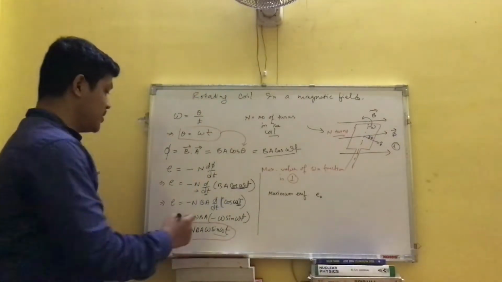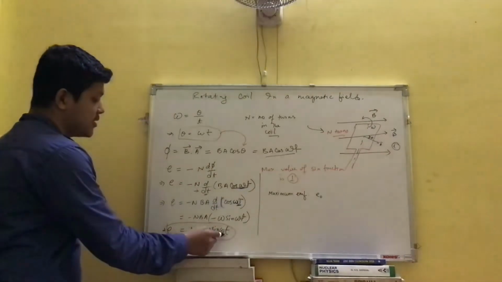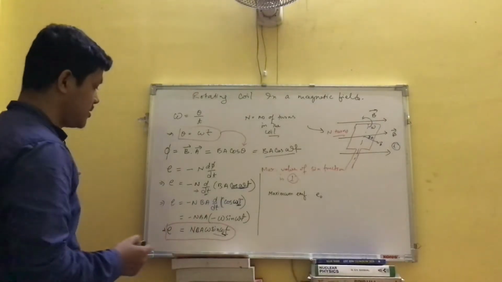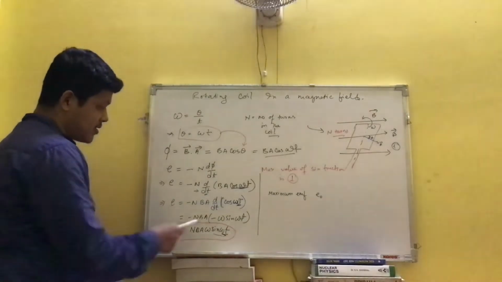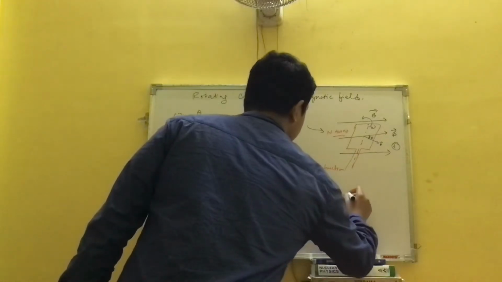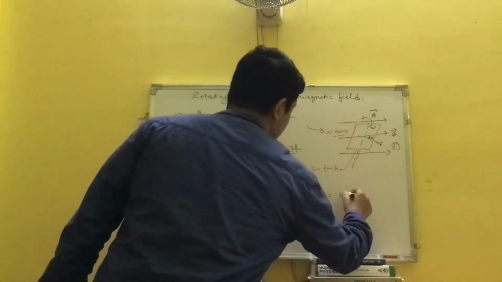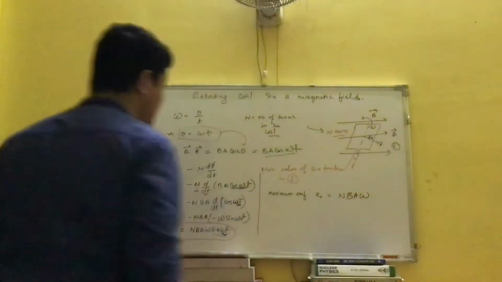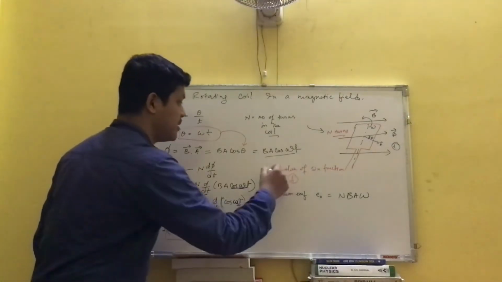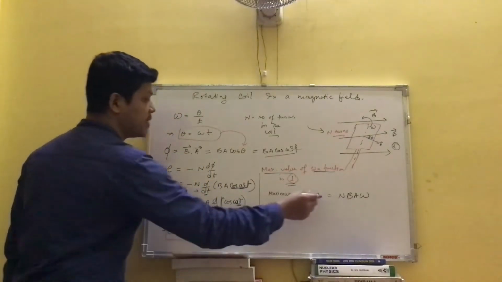We will get maximum EMF when sin omega t is equal to 1, and then the maximum EMF will be nBA omega. This one will be the maximum EMF, because the maximum value of the sine function is 1.